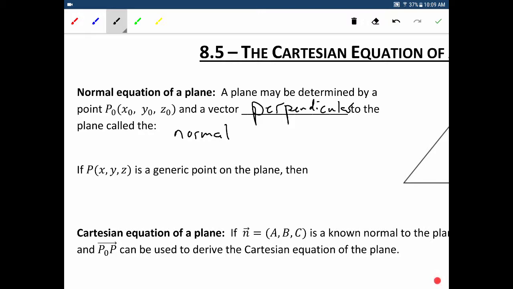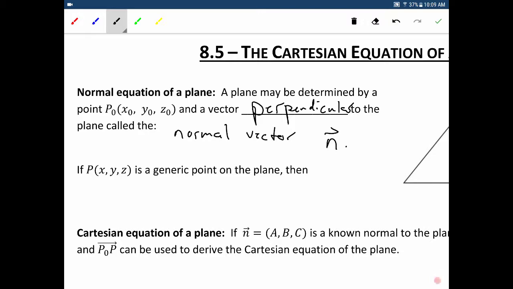Well, we're going to call it the normal vector, which we would write as n, like that. That's pretty sloppy, but whatever.